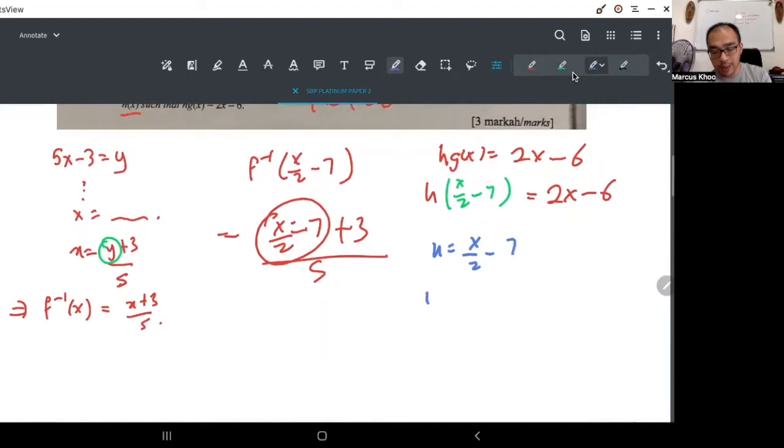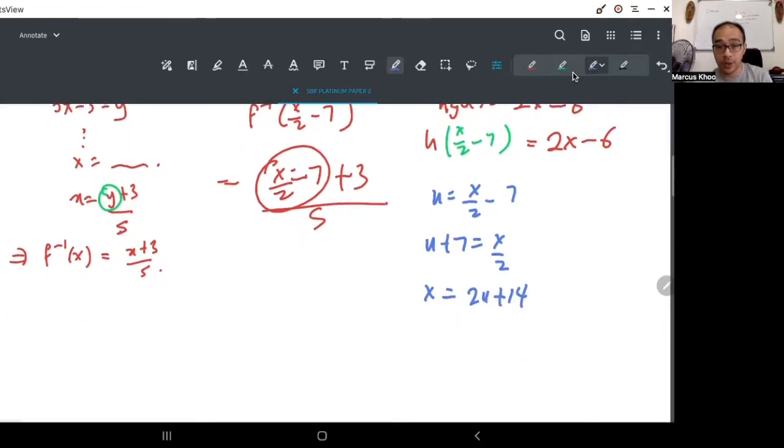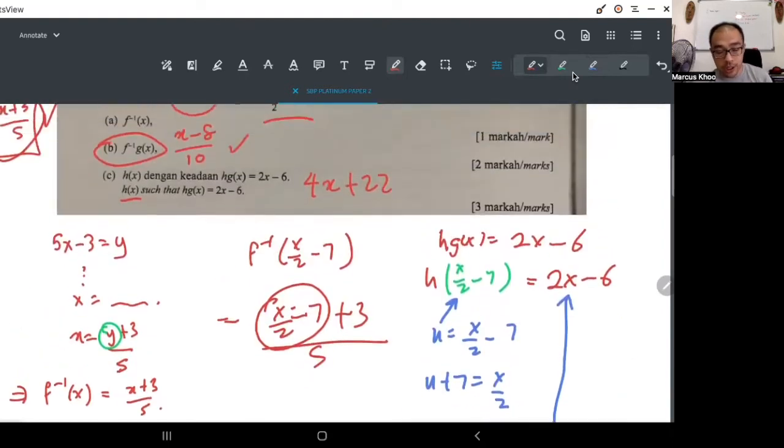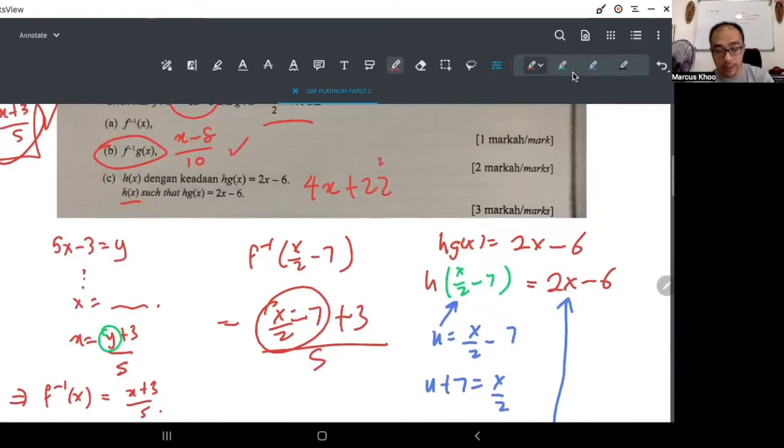So u plus 7 equals x over 2, so x equals 2u plus 14. Then you substitute this in, so you get h(u) equals 2(2u plus 14) minus 6. This is a very standard step, so don't forget this. Then simplify and change the letter u to x, and you will get this.